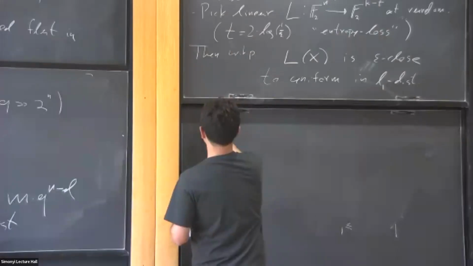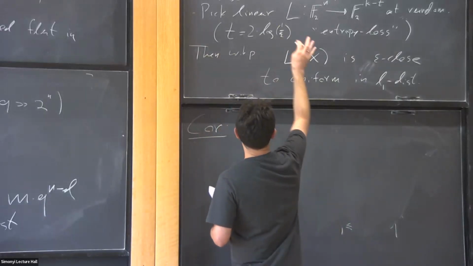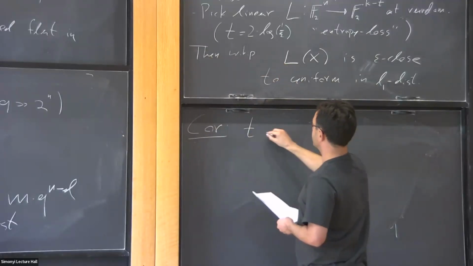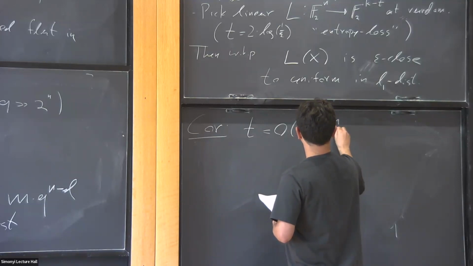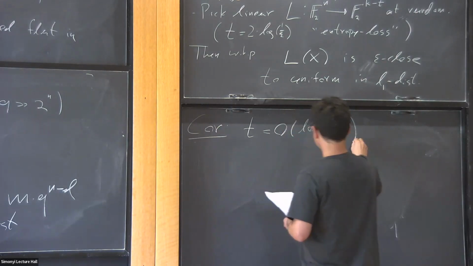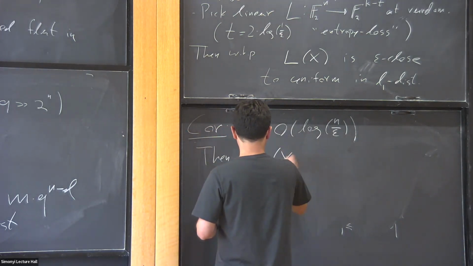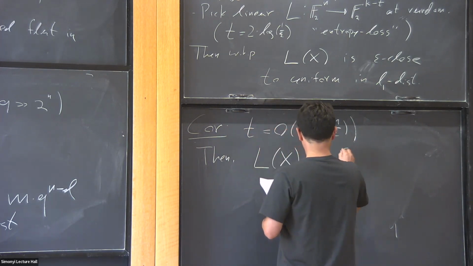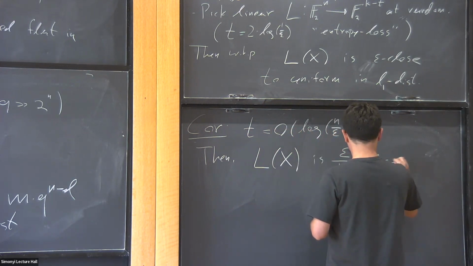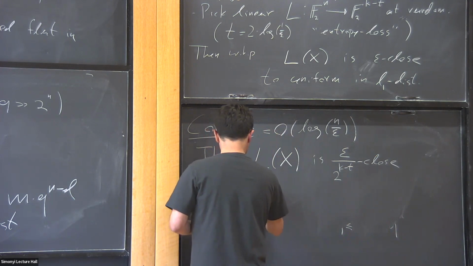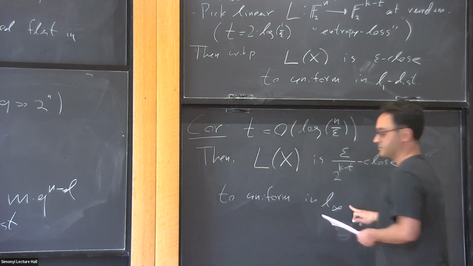But you can prove, again as a corollary of that theorem, that under the same setting, if you take the entropy loss t to be slightly bigger, O of log n over epsilon, then L of x is epsilon over 2 to the k minus t close to uniform in L infinity norm.